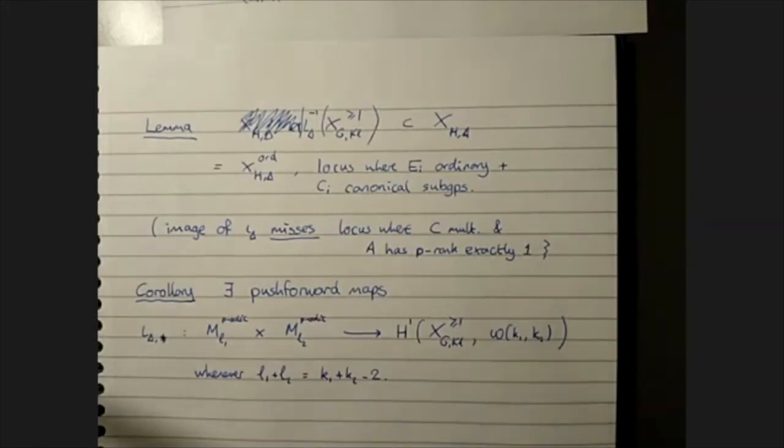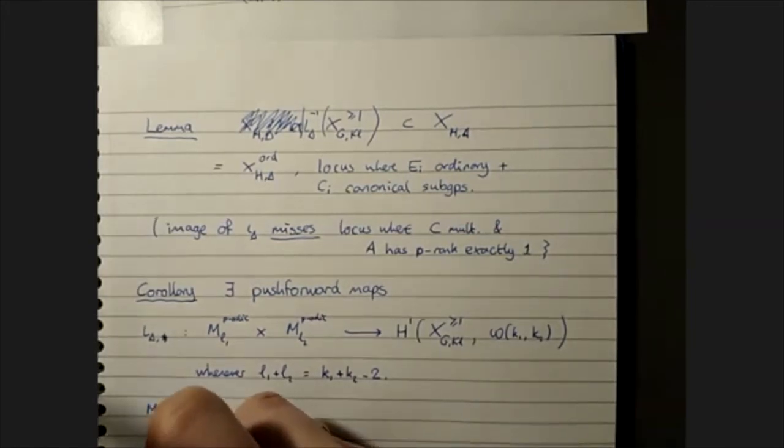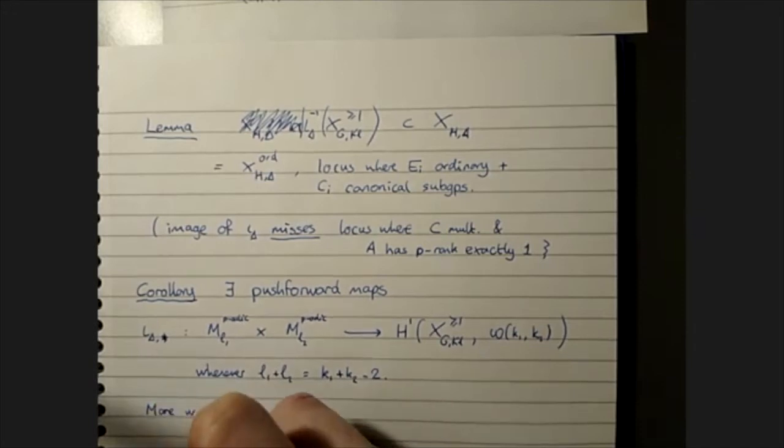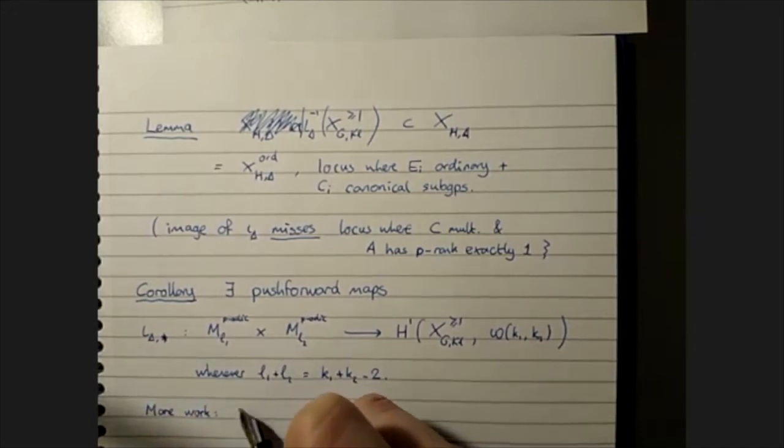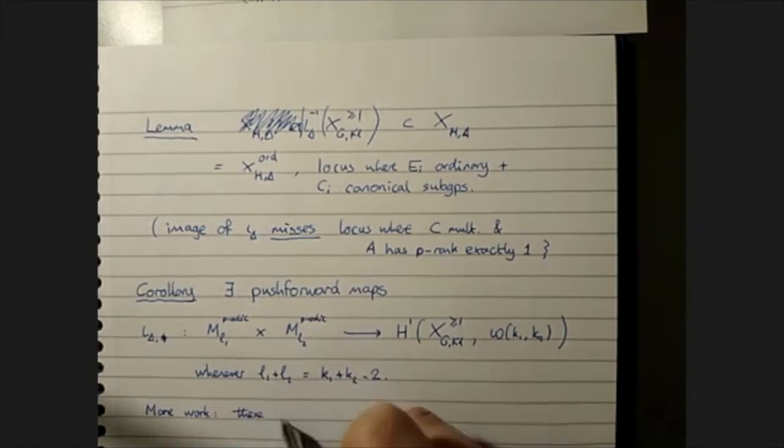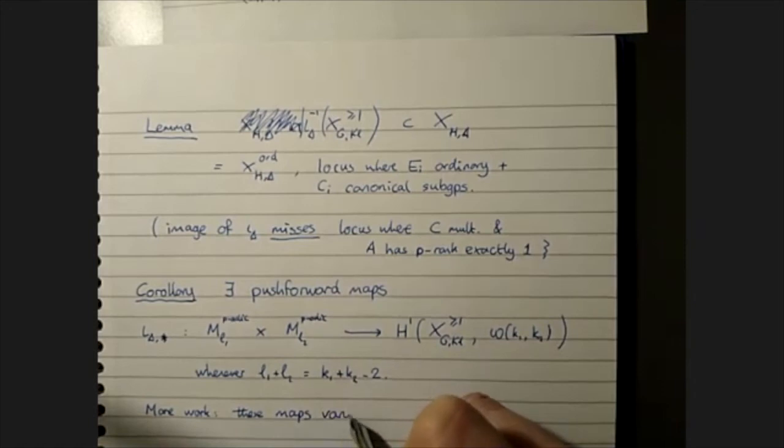And with a little more work, you can show that these maps vary in families as well.